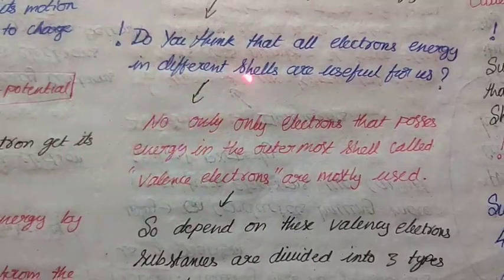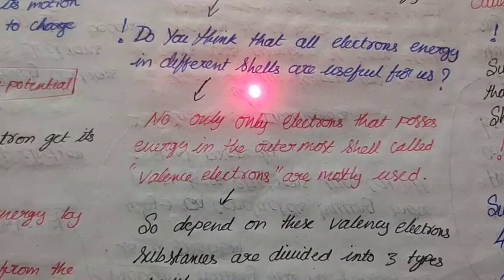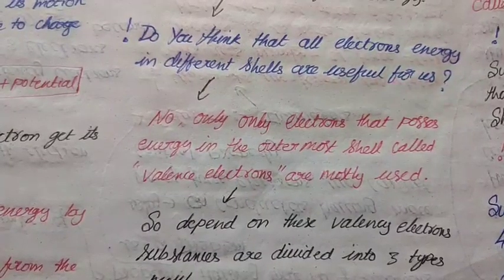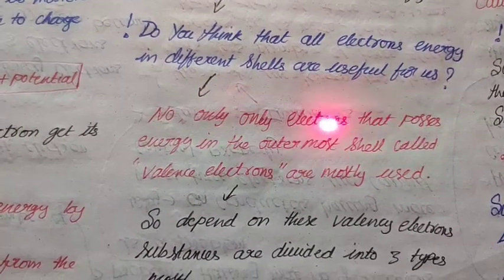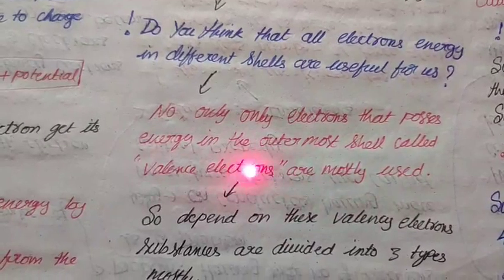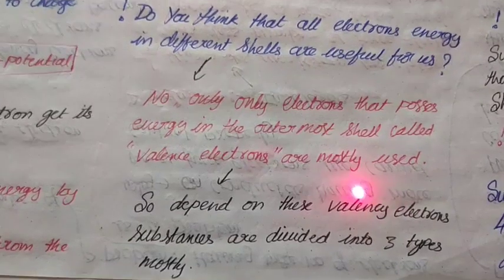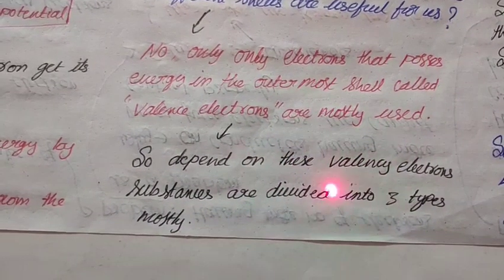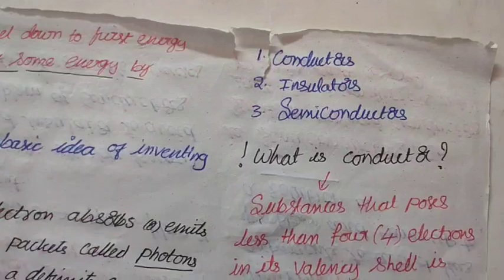Do you think all the electrons' energy in different cells is useful for us? No, only the electrons in the outermost cell, called valency electrons, are mostly used. So depending on these valency electrons, substances are divided into three types.